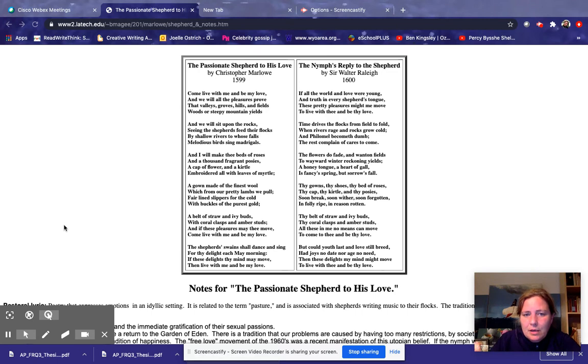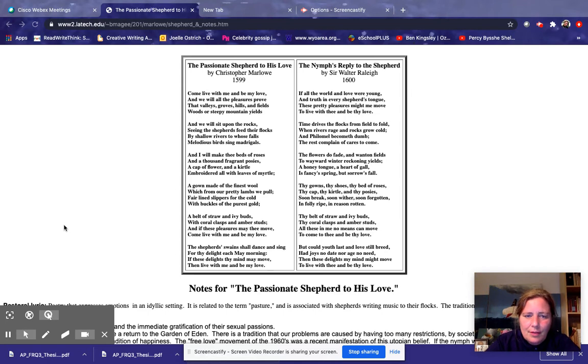And amber is fossilized sap, so if any of you have seen Jurassic Park. So amber and coral are two very rare materials for the shepherd to promise. So going through the first five stanzas, you see the escalation of things that he's promising her because she's not giving in. And then at the end, he just sort of wraps it up and says, then we'll sing and dance and etc. Okay.